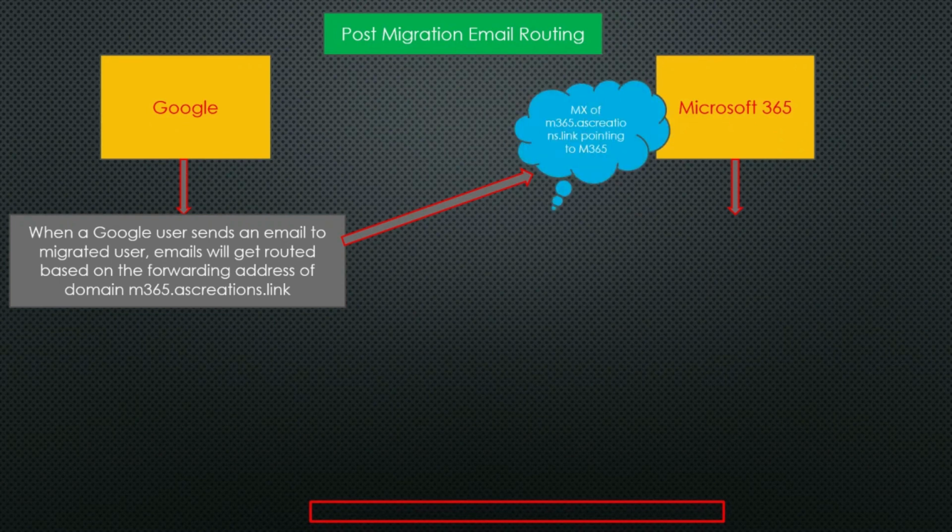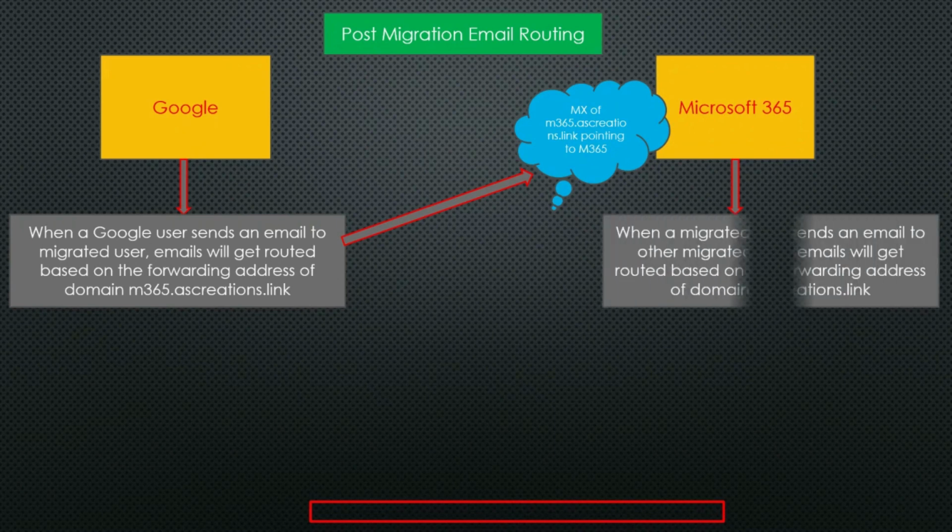During the demo, I showed that the migration process had automatically set up forwarding on the Google platform to send emails to the m365.ascreations.link domain. And since the MX of this domain is pointing to Microsoft 365, emails will get delivered there.